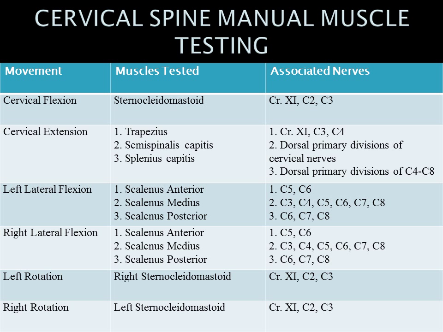But let me just give you an example. Testing of cervical flexion involves manual muscle testing of the sternocleidomastoid muscle. And the sternocleidomastoid muscle is innervated by the spinal accessory nerve, cranial nerve 11, and also cervical spine nerve roots C2 and C3.